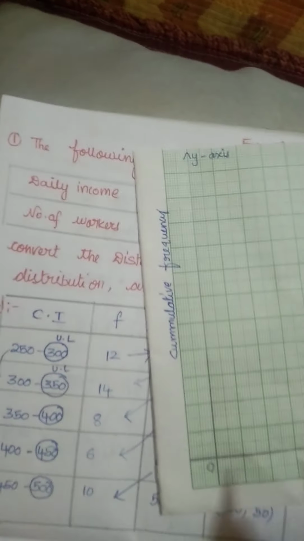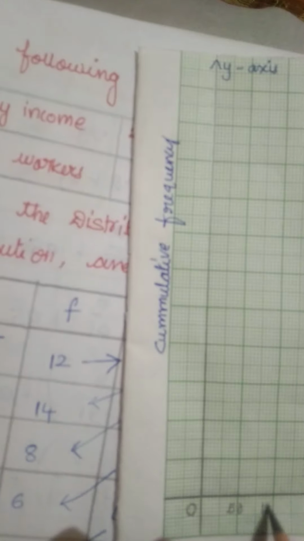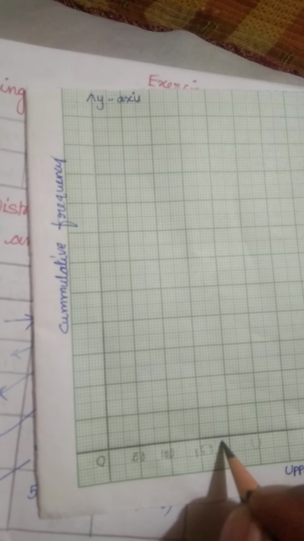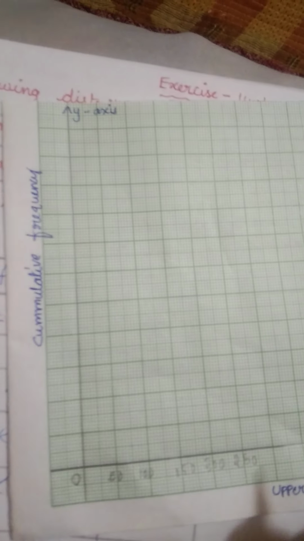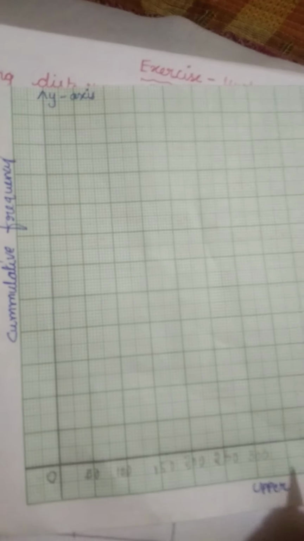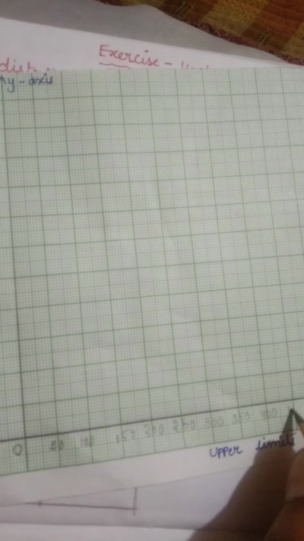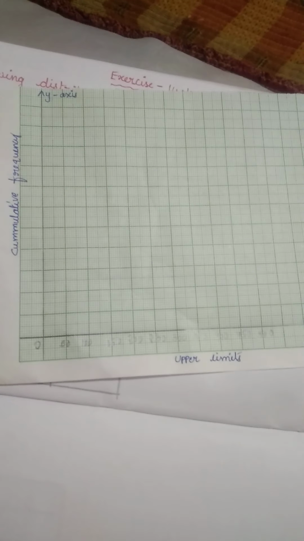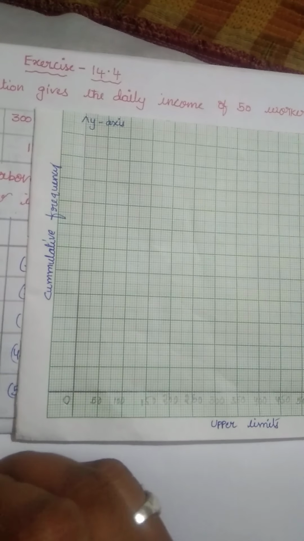So let us start from 50, 100, 150, 200, 250, 300, 350, 400, 450 and 500. Okay, and on y-axis let us take cumulative frequency. It is up to 50.